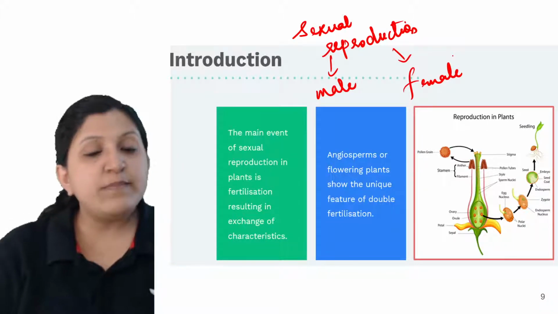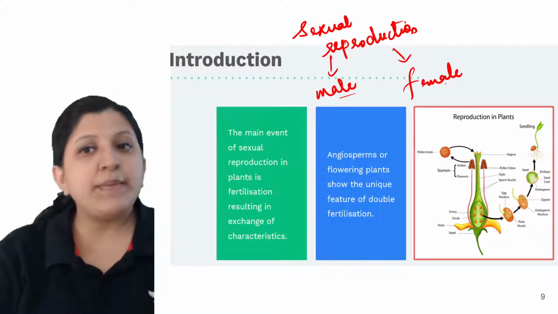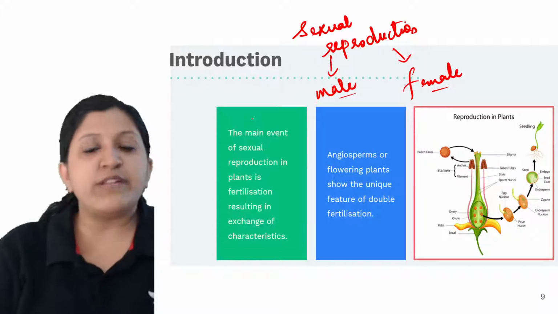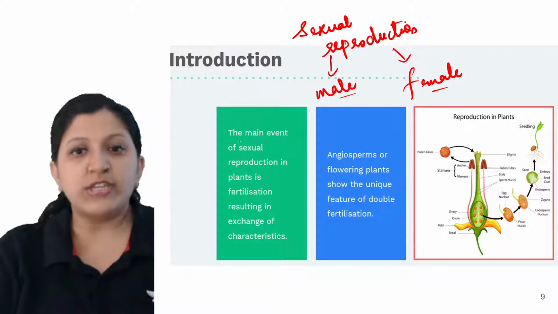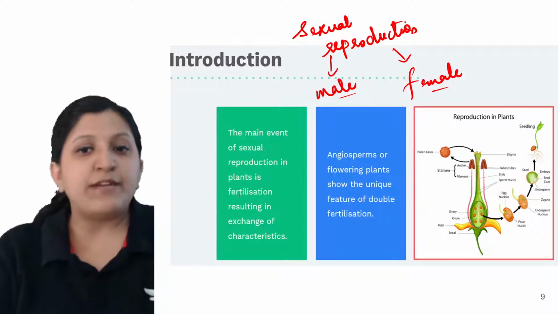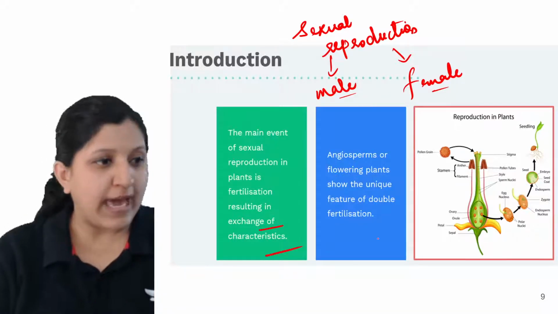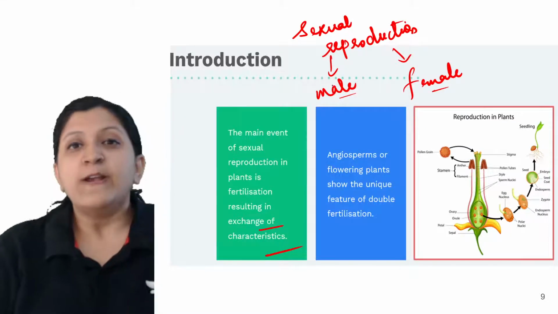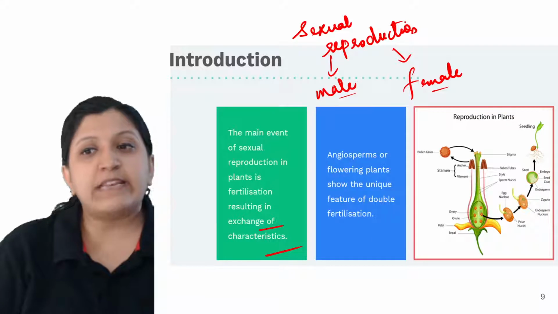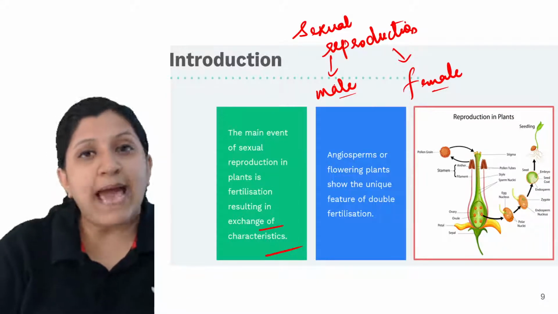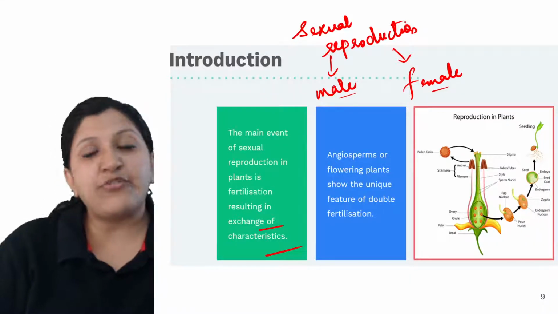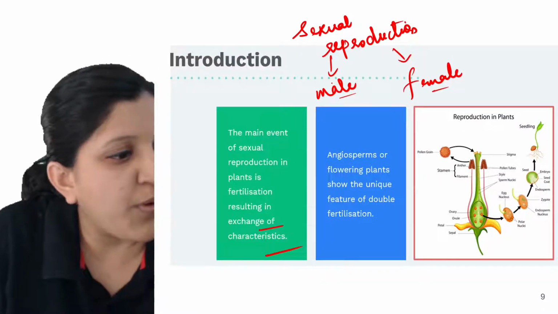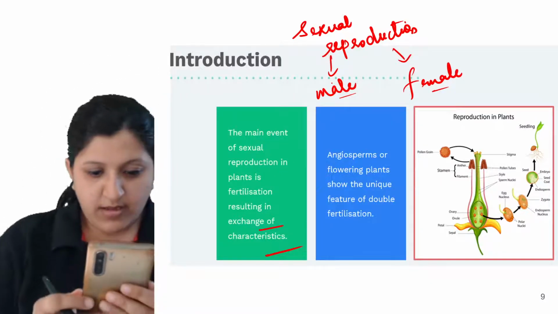Both of them together have a role in sexual reproduction in plants, resulting in exchange of characters. What kind of characters are exchanged? Some of the characteristic features that the plant grows with it can get from the male gamete, and some characteristic features it can get from the female gamete.